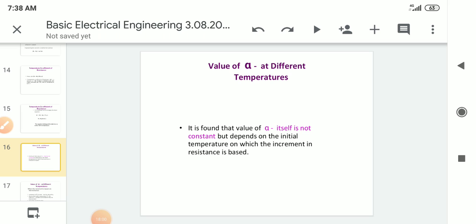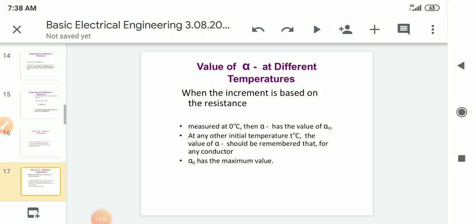So by observation, what is alpha? It is found that the value of alpha itself is not a constant, but it depends on the initial temperature on which the increment in resistance is based.